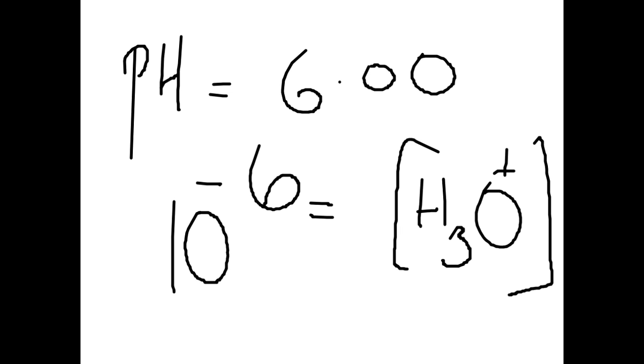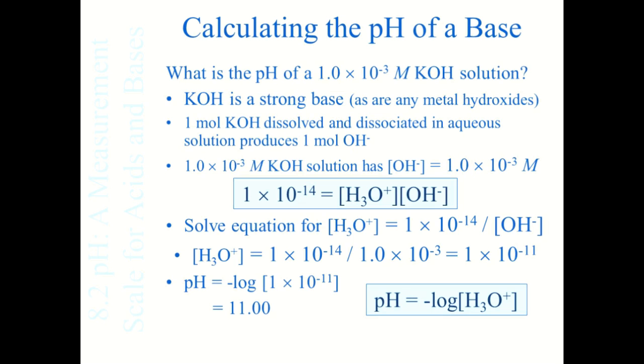That 6 is the pH, right? And what did you get? 1 times 10 to the negative 6 is your answer. When the pH is a whole number, you don't even need a calculator to find H3O+. Okay, got it? So that's another kind of problem.